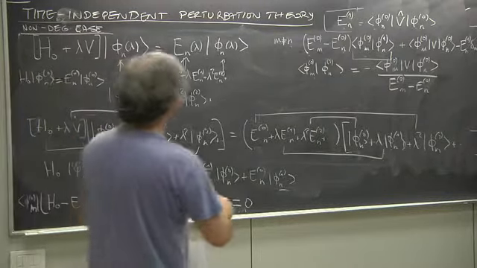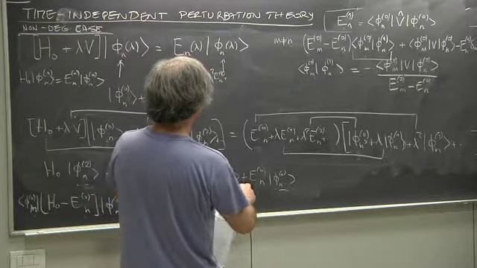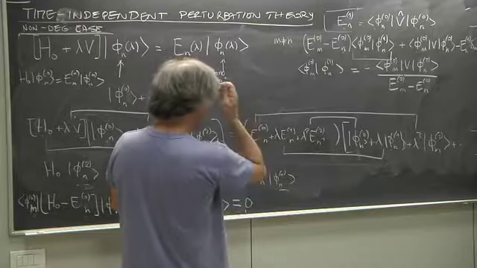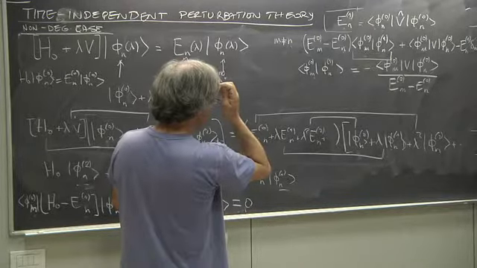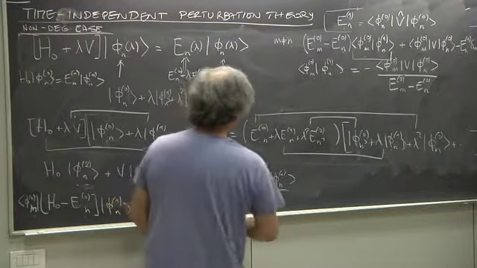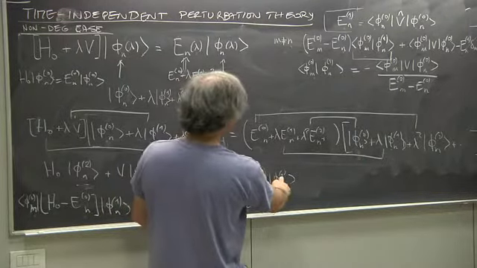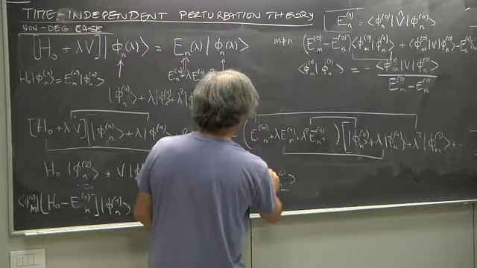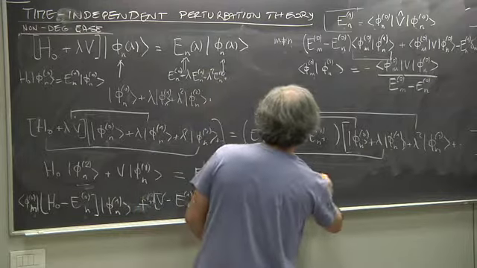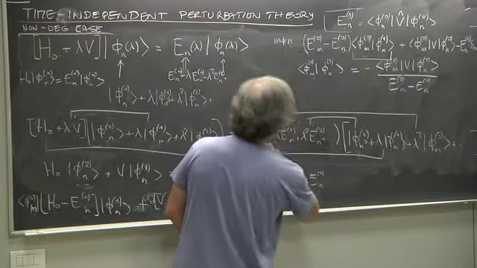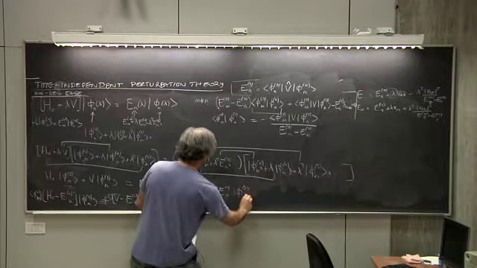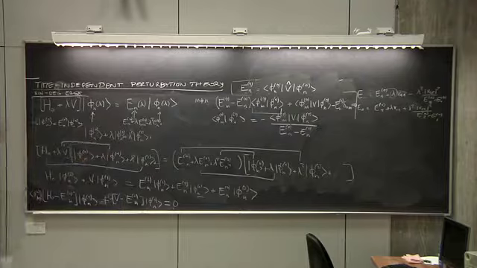Then on the right-hand side, I have phi 2, E0, then E1 phi 1, and then still another piece, E2 times phi 0. Okay? So this is the equation to second order.